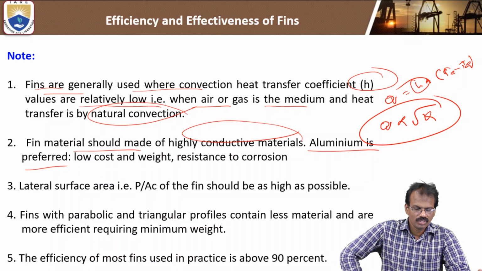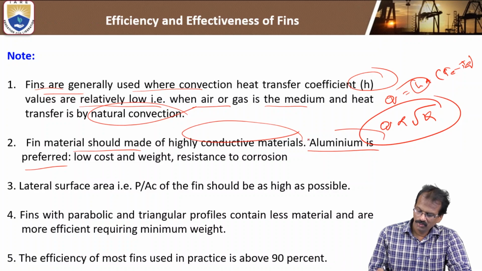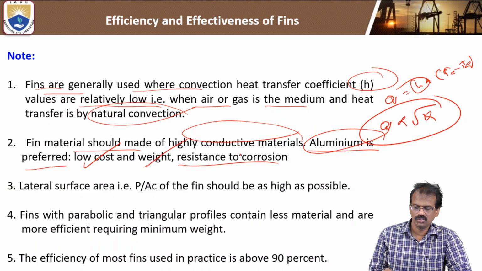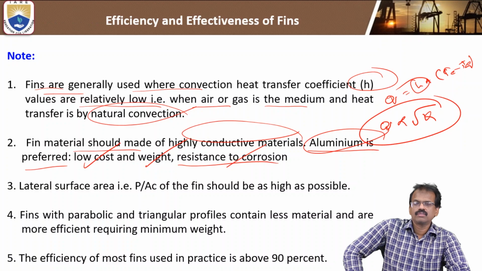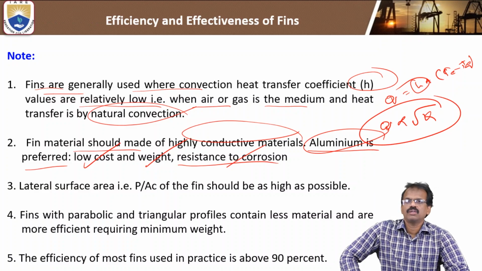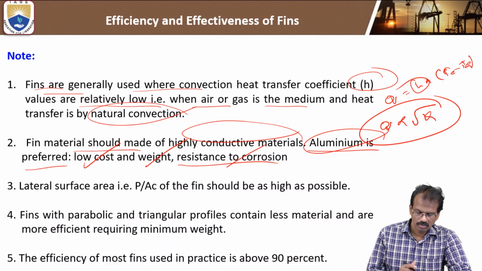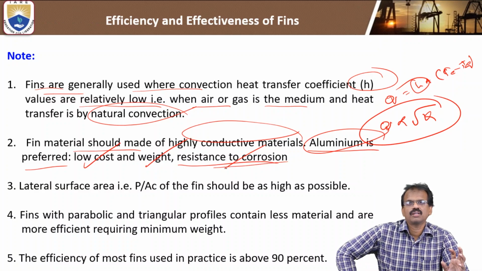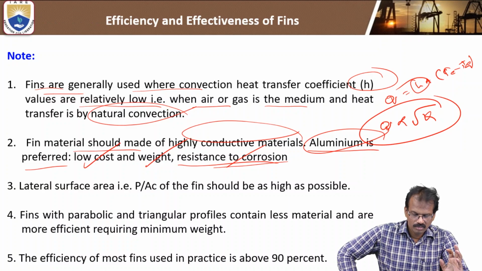Copper has very good conductivity, but the cost is very high. So the preferable material is aluminum: low cost, less weight, resistance to corrosion, and thermal conductivity is also very good. You can see this type of aluminum fins on the engines of motorbikes, on the engine surface of the motorbikes.